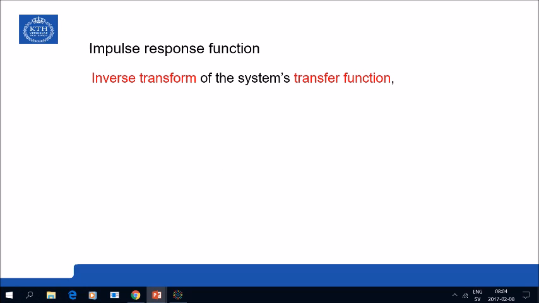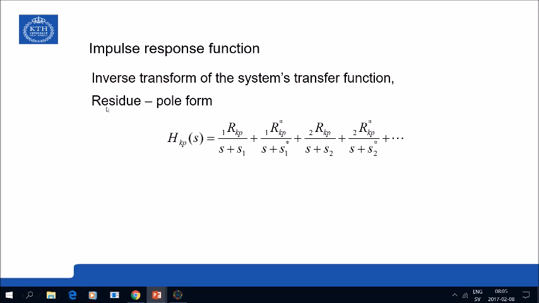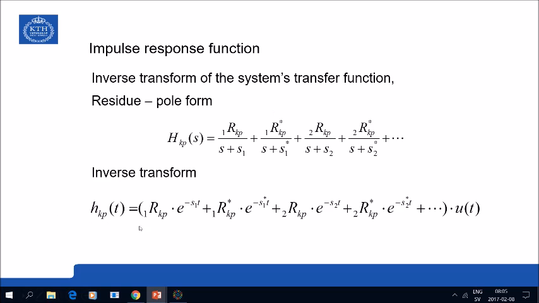The inverse transform of the system's transfer function is actually one method to calculate the impulse response function. You can actually define the impulse response function as the inverse Laplace transform of the transfer function. So if we do this and start from the residue pole form, then we can show that the inverse transform of this is this expression. So we have here the contribution to the impulse response function from the first mode, from the second mode, and so on.